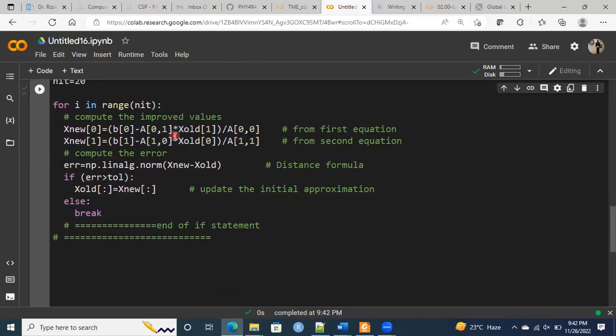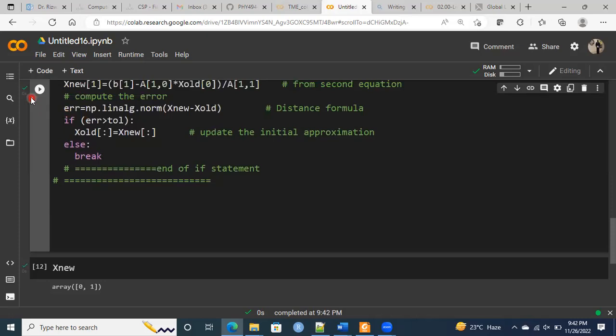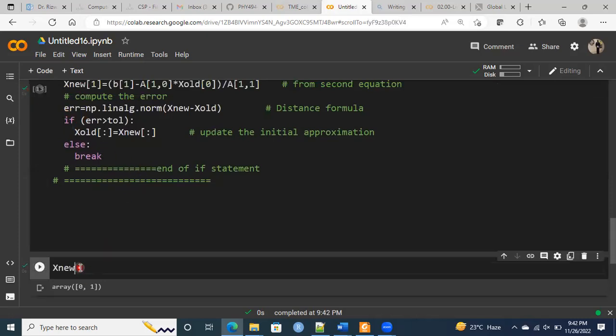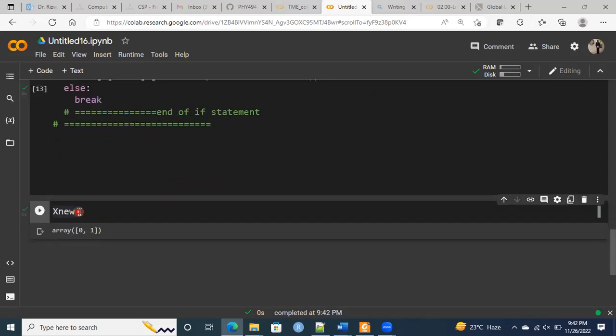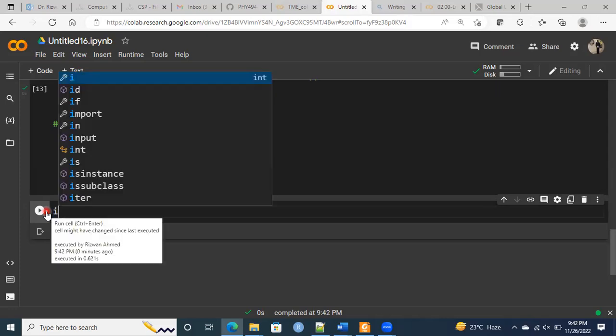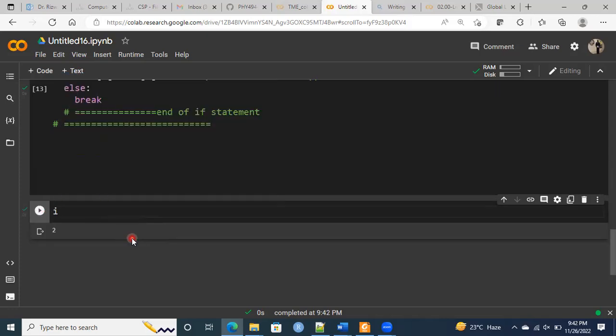Okay, so we have got a green signal that this has been computed, and now see the x new value. X new value is 0, 1, and let's see how many iterations have been performed. So I see the i value.